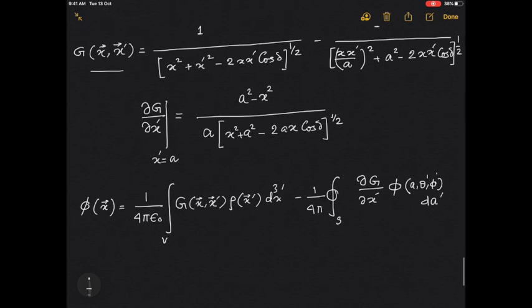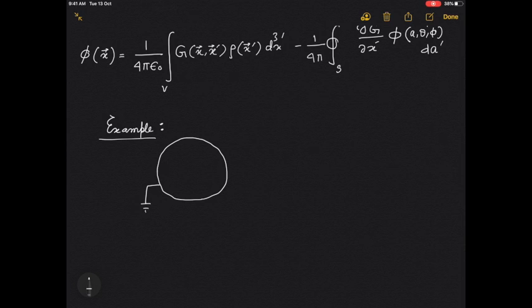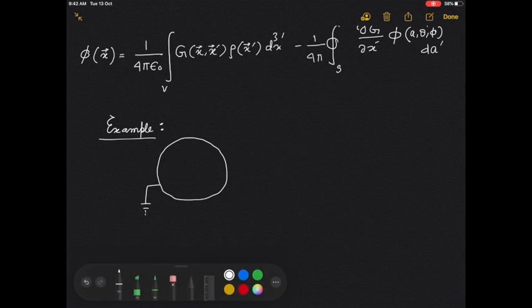Now, this is all kind of hypothetical so far. So let us solve an example problem, and you will see a few in your assignments. I have a spherical boundary. It's grounded.